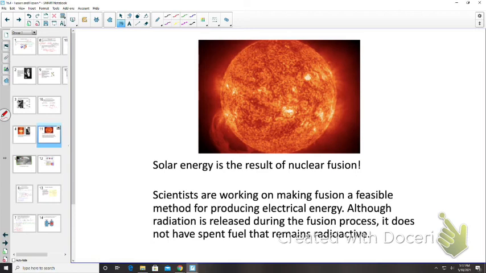That is one limitation to fission reactors, is the amount of nuclear waste that is generated as a byproduct. So fusion is beneficial for 2 reasons. 1, it produces more energy per reaction than fission. And 2, it doesn't have like the nuclear waste associated with fission reactors.